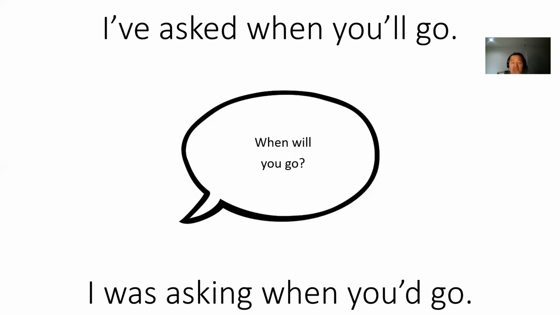So it's two words. So in this case, it will be iturus sim. And when you would go is literally saying when you might be about to go. So the difference will be you still have iturus, but it'll be iturus essem. But will and would are just much more convenient ways to say them.